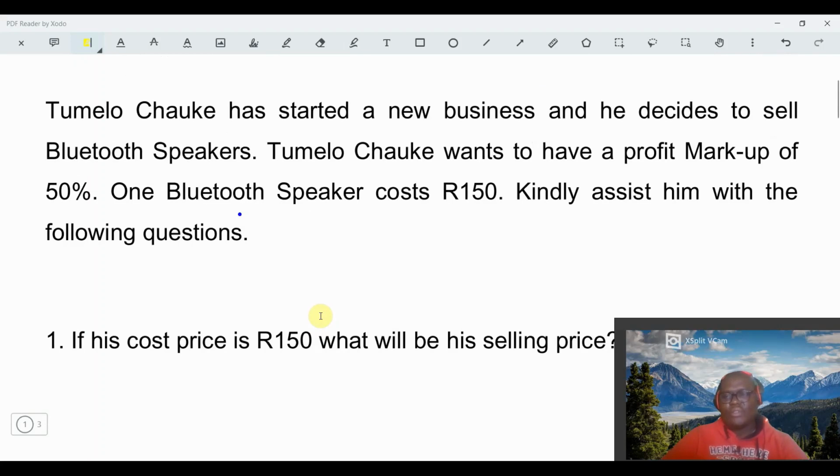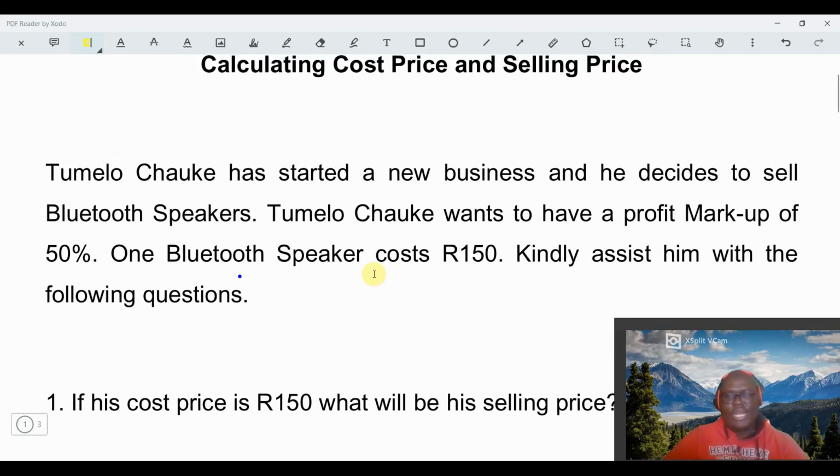If you've analyzed all of these questions, you realize that they are dealing with the selling price as well as the cost price, which is what we are covering in this lesson. So when you do such transactions, you need to highlight the most important information. We know that this person has started a business and then decides to sell Bluetooth speakers, right?